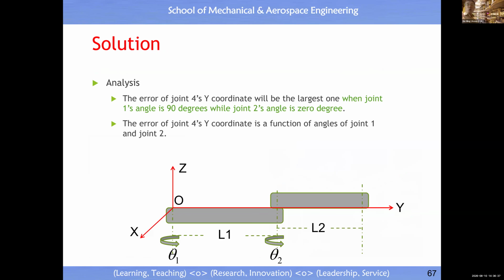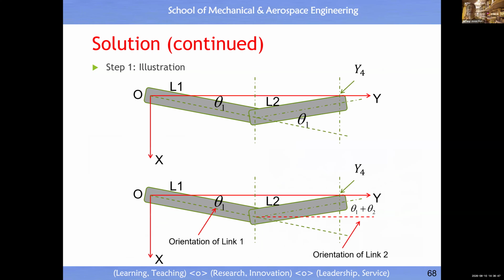Then theta 2 will drive L2 only, or eventually the sub-assembly after L2, if there is one. Interpret it in this way. So what is the absolute orientation of L1? It is theta 1. Pay attention, theta 2 is the relative angular position between L2 and L1.